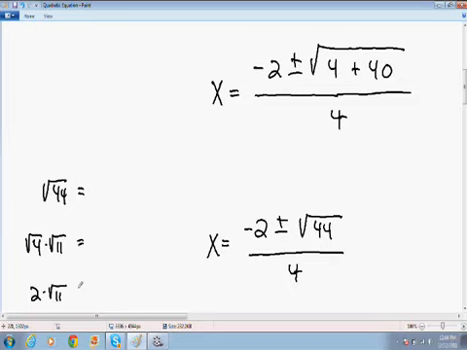So the square root of 44 can be simplified as 2 times the square root of 11. If you don't know how to simplify square roots, I have a video about that which I highly suggest you watch. I don't want to spend too much time on it because I'm trying to teach the quadratic formula. But you always want to try and simplify as much as possible.